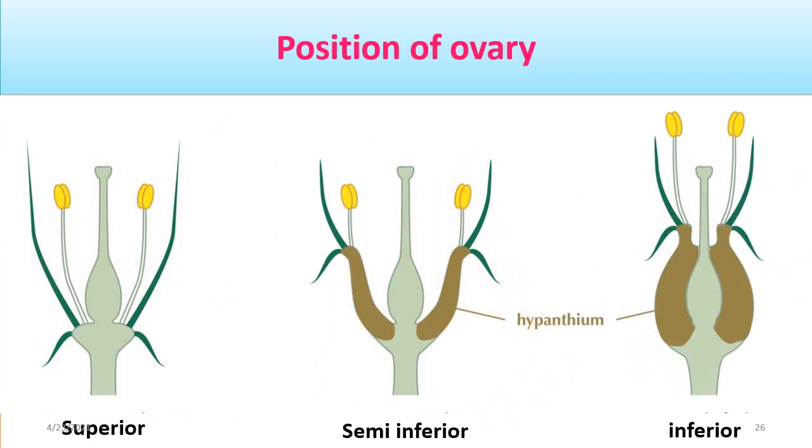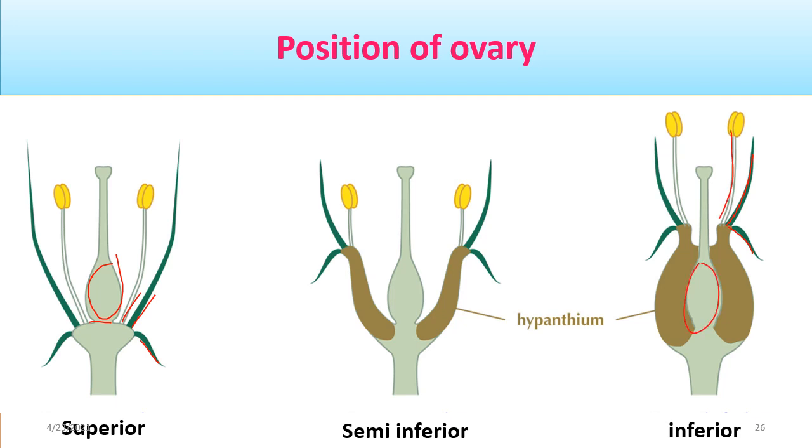Now position of ovary. If you see in the first picture, this is calyx, this is corolla, this is androecium, and this is actually the ovary, which is uppermost in position, superior in position. In case of the third diagram, you can see that this is calyx, this is corolla, this is androecium, and the ovary is down.